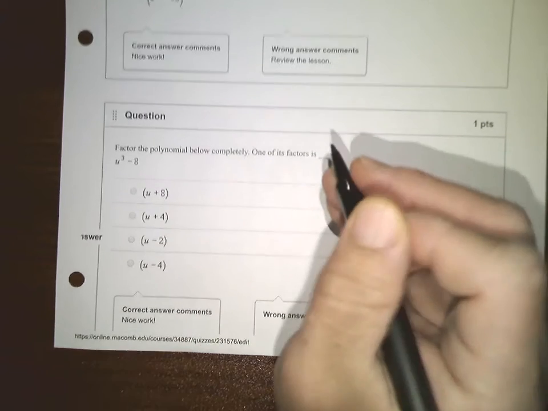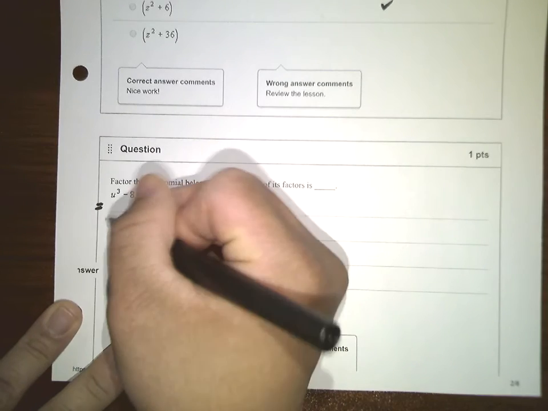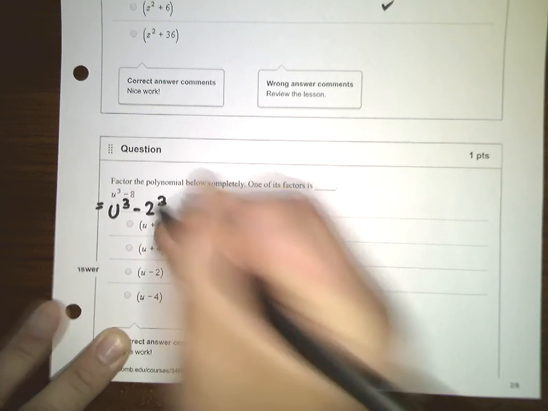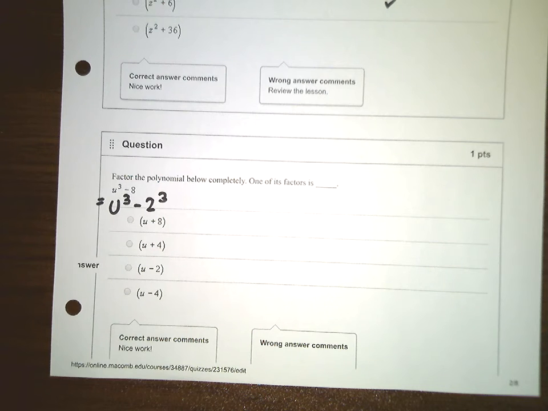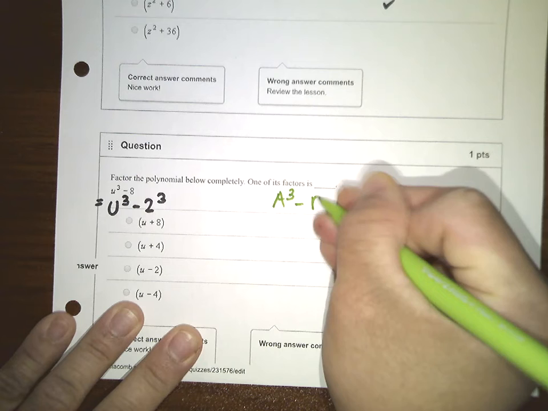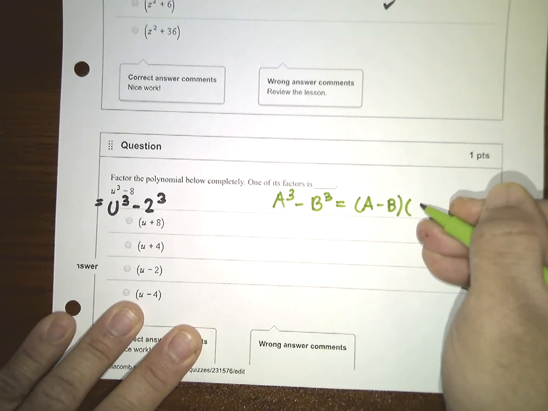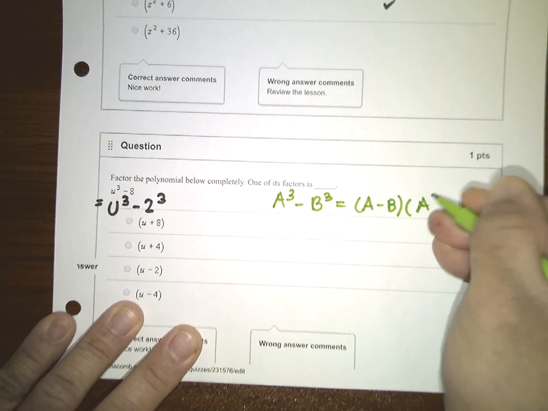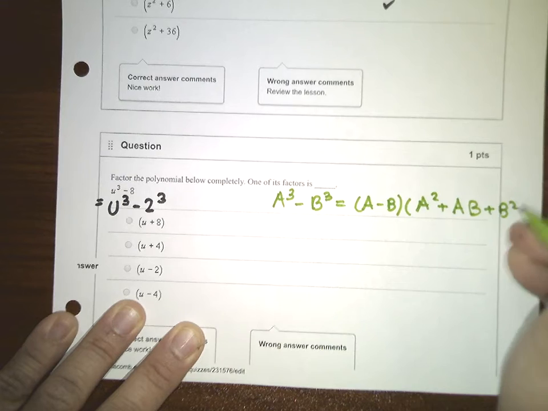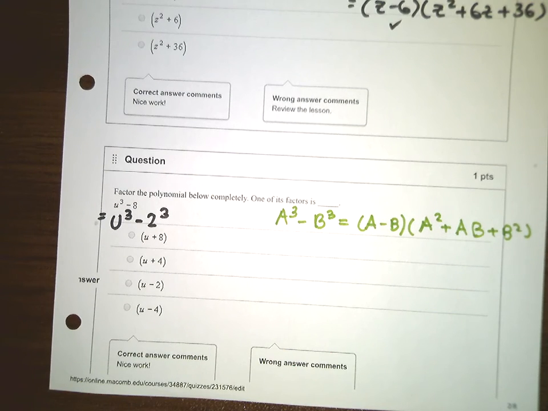So we have u cubed minus 8. So I know 8 is 2 cubed, or 2 to the third. So this is u cubed minus 2 cubed. So if I follow the formula, it is a cubed minus b cubed is a minus b times a squared plus ab plus b squared. So here we go with the formula. All right.